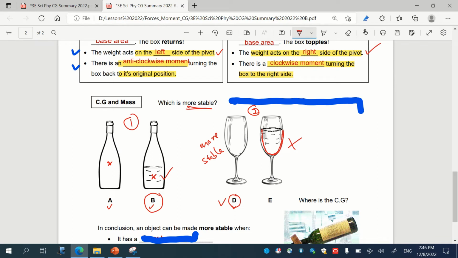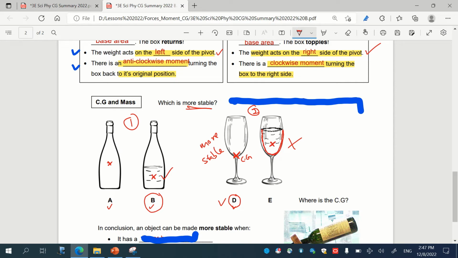When we look at the empty wine glass, the CG, just an estimation, is around here. However, by filling it with water, and the water only is filled up at the top region, the CG is shifted to the top here, following the heavier mass. It went up to the top.